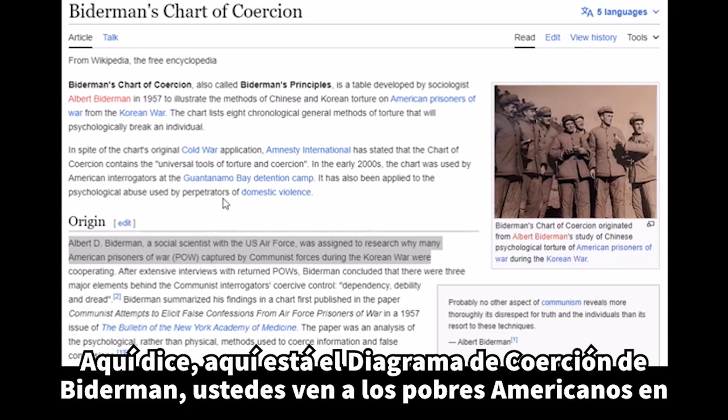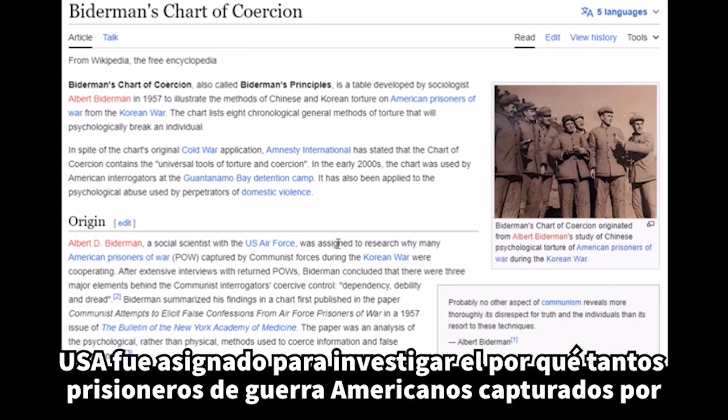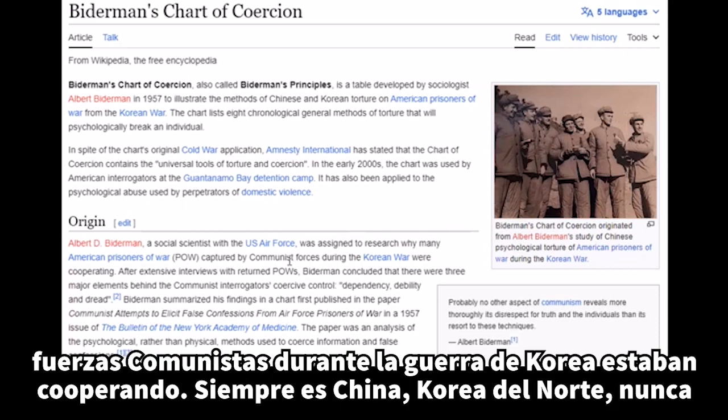Here's the Biderman's chart of coercion. You see the poor Americans in Korean prison camps. And here it says Albert Biderman, a social scientist with the US Air Force, was assigned to research why many American prisoners of war captured by communist forces during the Korean War were cooperating.